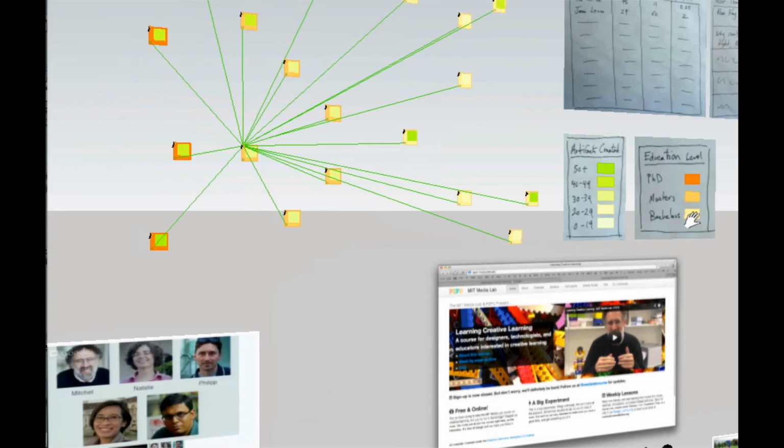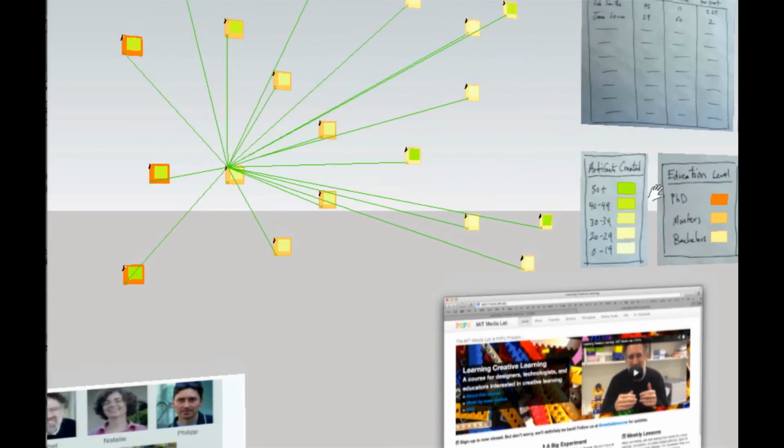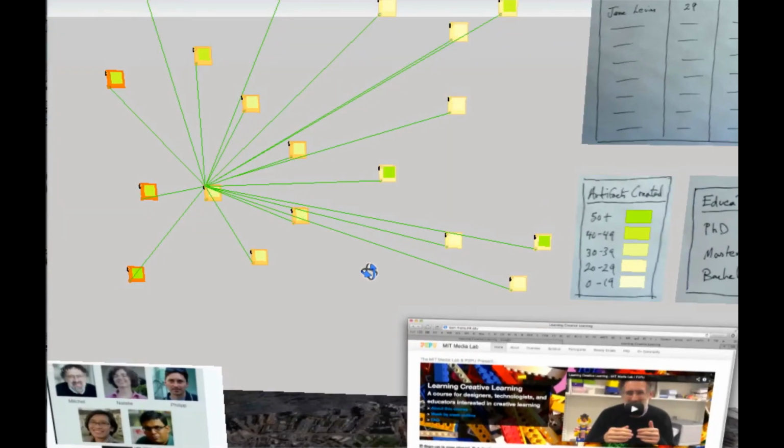Just 3 categories. Again, this would be customizable. And then also knowing how many artifacts for the MOOC each of these users that have commented on their posts have created, right? Again, this would all be customizable. I don't think I need to say that anymore, right?